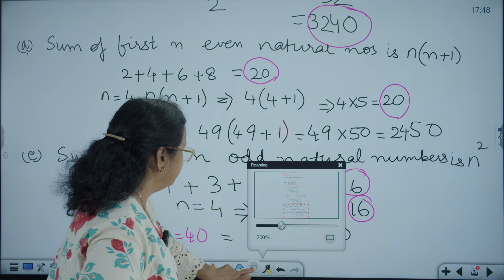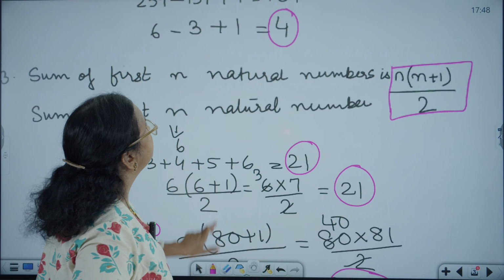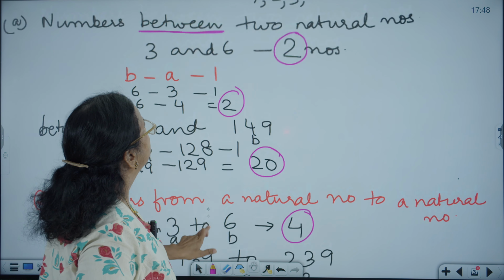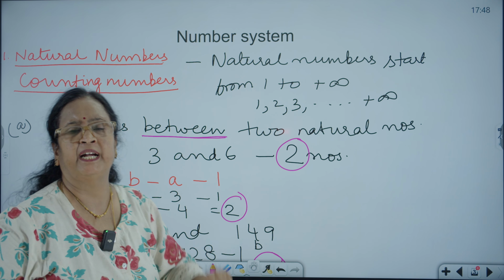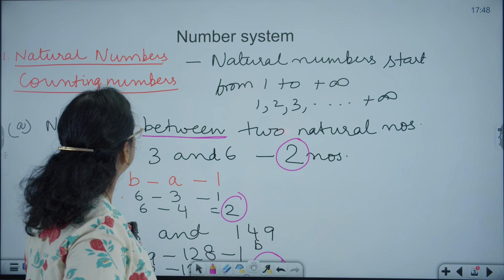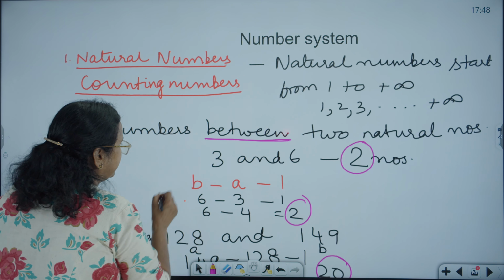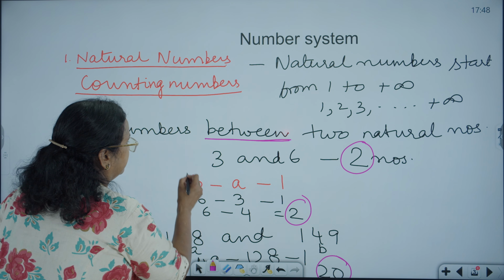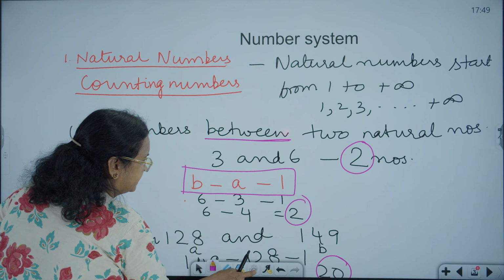Now, the first thing, what did we learn? We learnt numbers between two natural numbers, isn't it? How many numbers can be formed between two natural numbers? What was the formula? B minus A minus 1, isn't it?